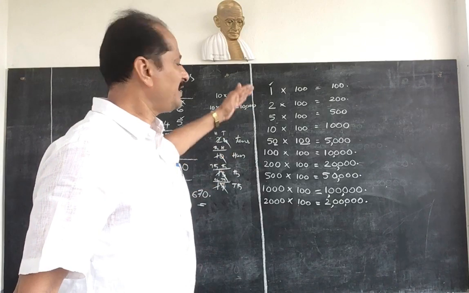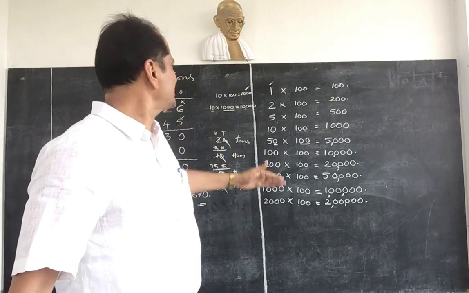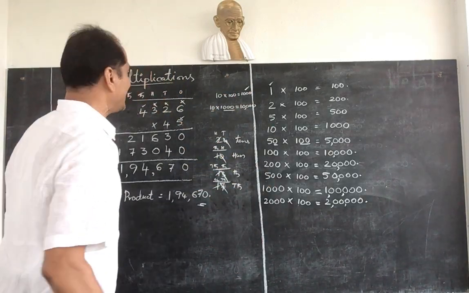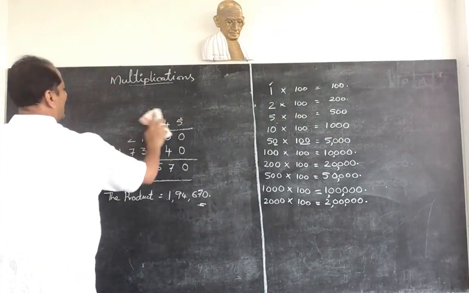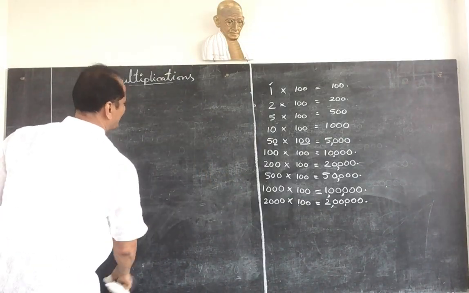So this is the multiplication of numbers. In this way, the value of notes can be multiplied like this. And also, whenever we are multiplying with 10, 100, 1000, what will happen? That also we can check here with some examples.